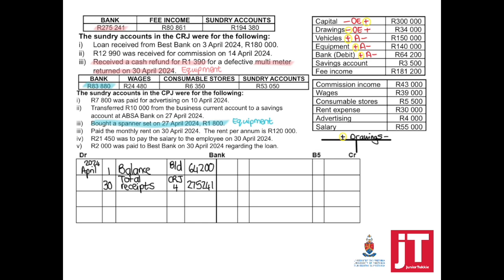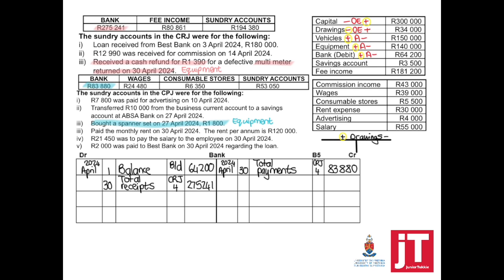From the CPJ, bank will always be credited. On the credit side, it means on the last day of the month, our total payments, 83,880. So we've done step number 1, we've written down the opening balance. Step number 2, posting from the journals. And the third step, we need to balance this account.